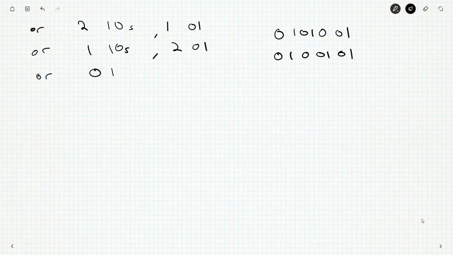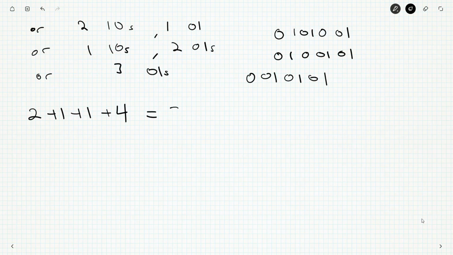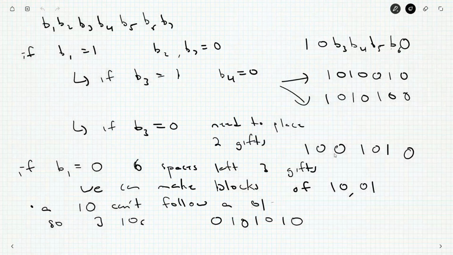Or just 3 0 1s. Which will give me 0, 0, 1, 0, 1, 0, 1. So this is 2 cases plus 1 plus 1 plus 4. This is 4 cases here, so that's 8, right? I haven't miscounted something. 2, 1, and then these ones, yeah.